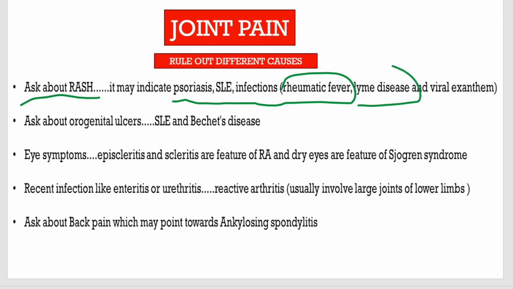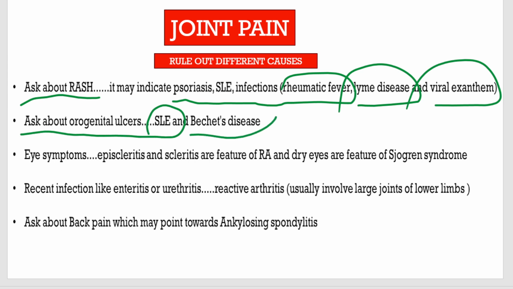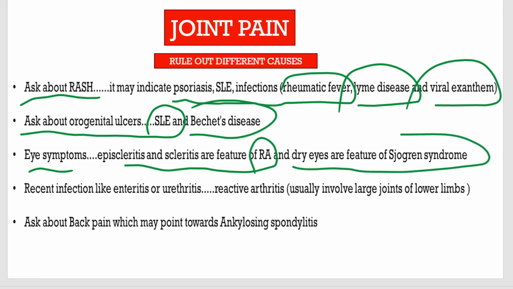Lyme disease also has a rash and joint involvement, and any viral exanthem can have joint pains and rash. Then we will ask about orogenital ulcers, which point towards SLE and Behçet's disease. Eye symptoms, episcleritis and scleritis, are features of rheumatoid arthritis, while dry eyes are a feature of Sjogren syndrome. So ask about that.